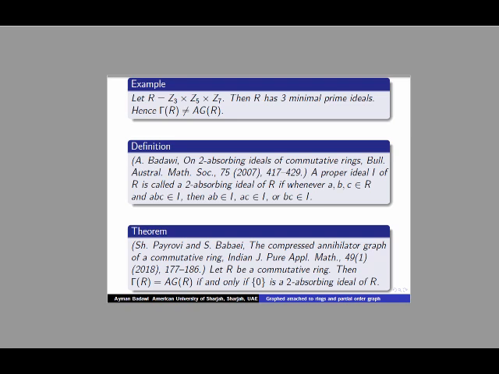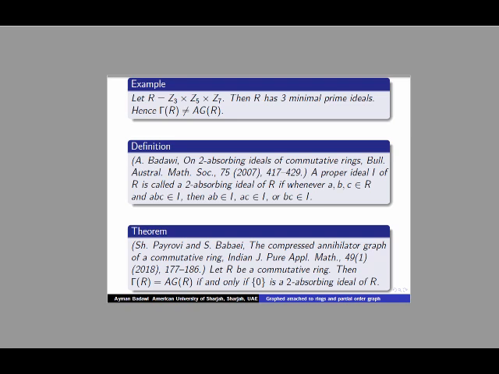Okay, I only need to give you the definition. In 2007, I gave this definition of 2-absorbing ideal. What do I mean by 2-absorbing ideal? A proper ideal I is called 2-absorbing if whenever you have three elements a, b, c in R and the product abc is in I, then I want ab in I or ac in I or bc in I. This is like a generalization of a prime ideal.